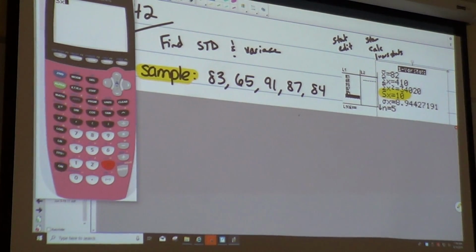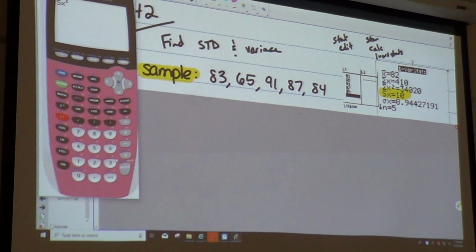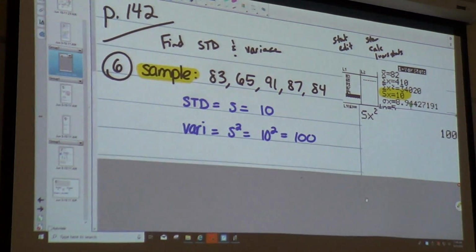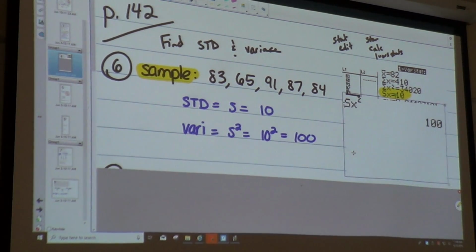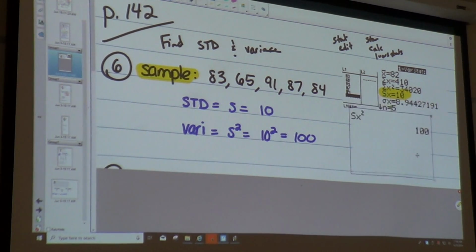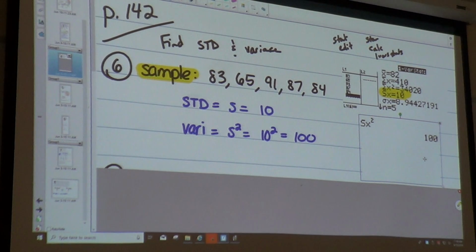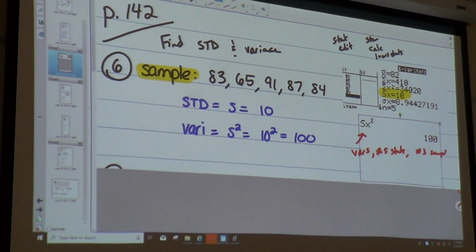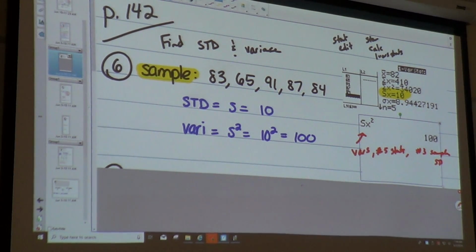So now I'm going to hit the square button, and that's going to give me my variance. And again, the way that I got to that was I did VARS, number 5, which is stats, and then I either chose number 3 if it's a sample standard deviation, or number 4 if it's a population standard deviation.